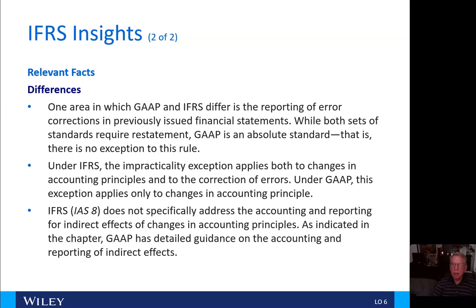Under GAAP, this exception applies only to changes in accounting principle. And number three, IFRS under IAS 8 does not specifically address the accounting and reporting for indirect effects of changes in accounting principles. As indicated in the chapter, GAAP has detailed guidance on accounting and reporting of indirect effects.